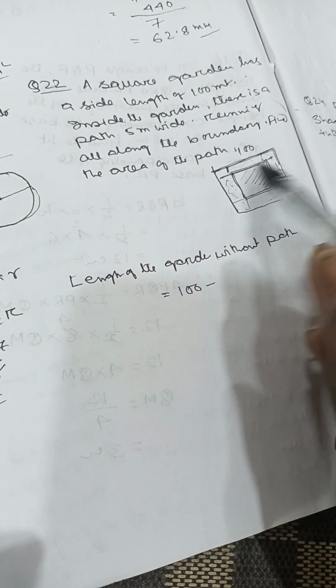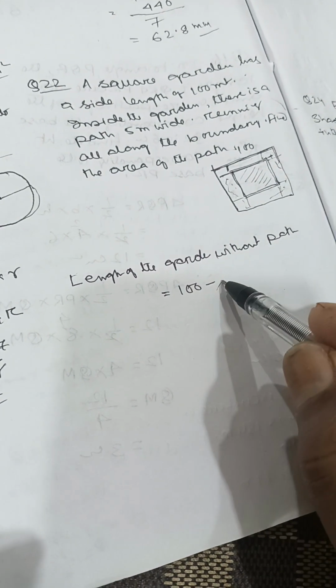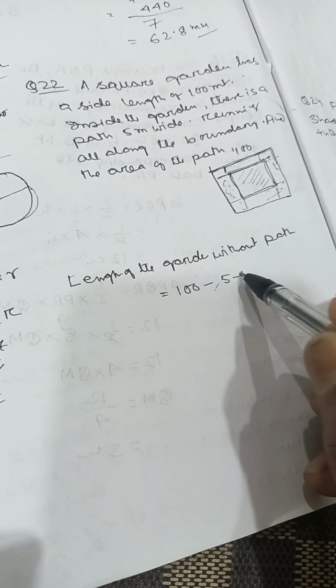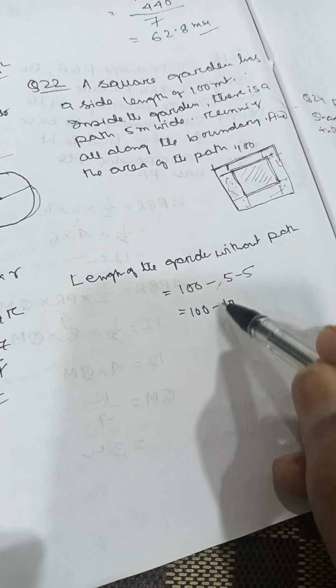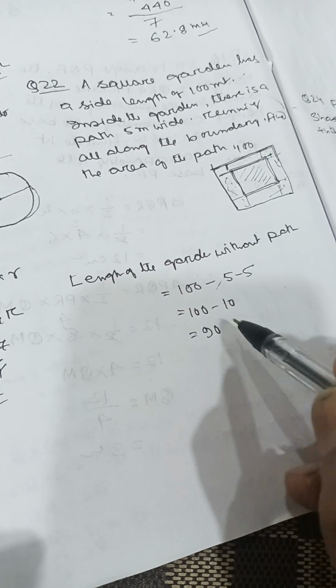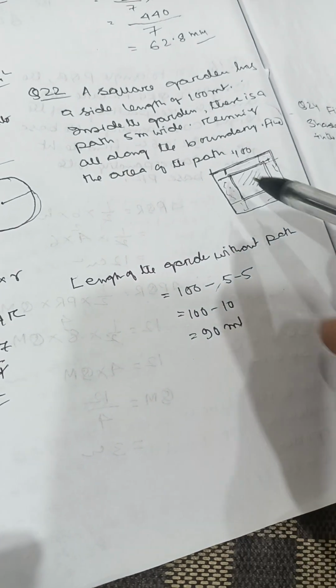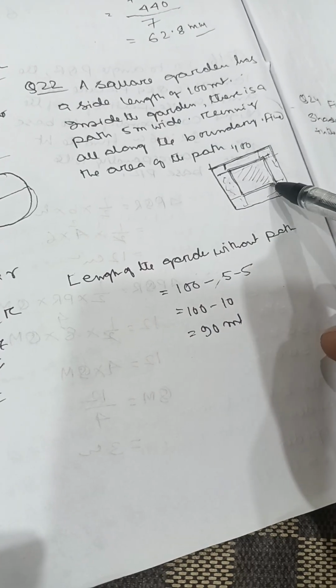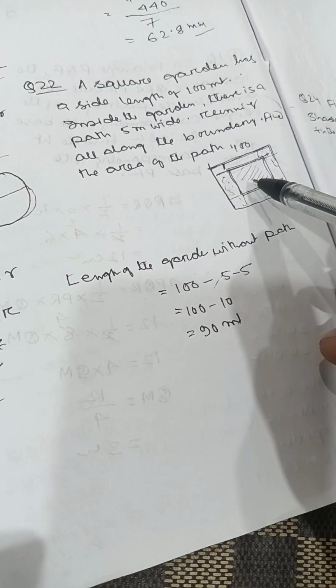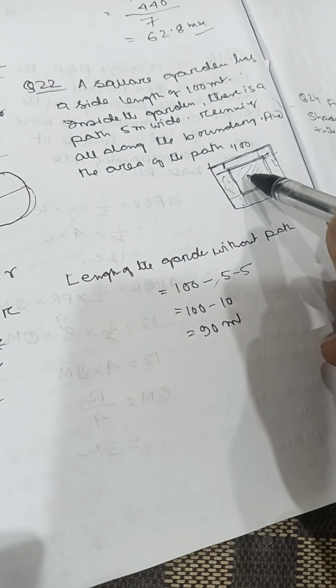So 5 meter road, 5 meter road. So you can subtract 5 from both sides. Then it will be 100 minus 10. It will be 90. 90 meter, side of the inside square is 90 meter.